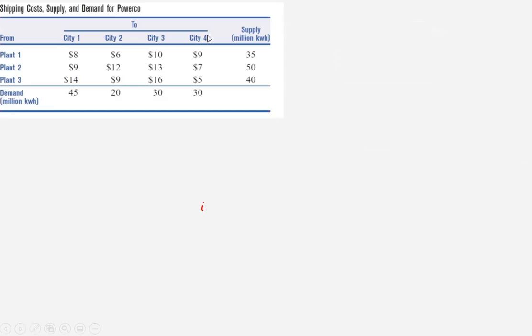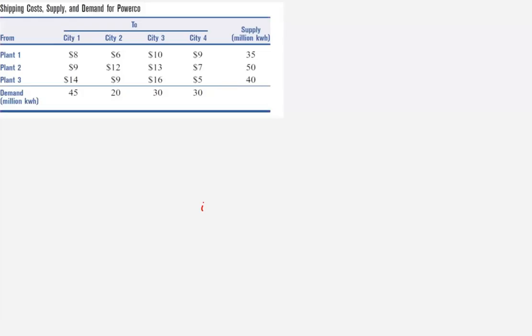And then there are 4 cities, city 1, 2, 3, and 4. Each city has a demand in million kilowatt hours: 45, 20, 30, 30. And each plant has a supply capacity of 35 million kilowatt hours, 50, and 40. So we don't know how much of the demand of each city each plant should satisfy.